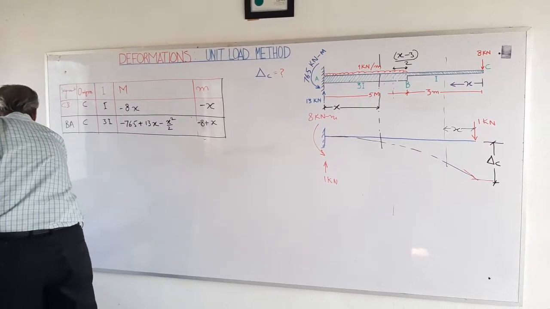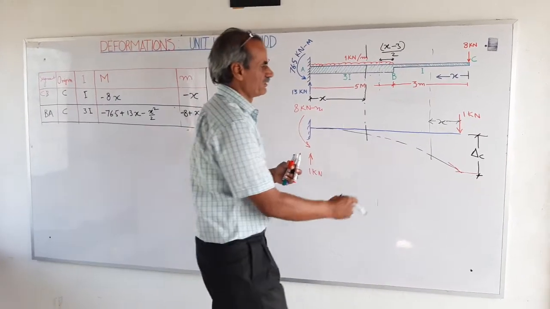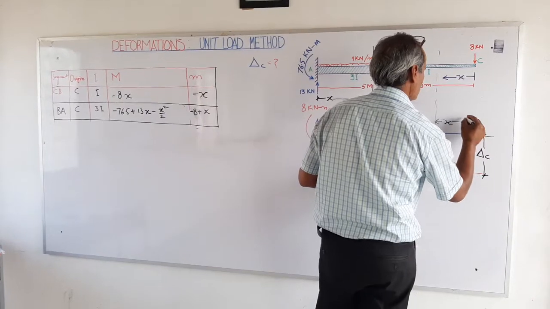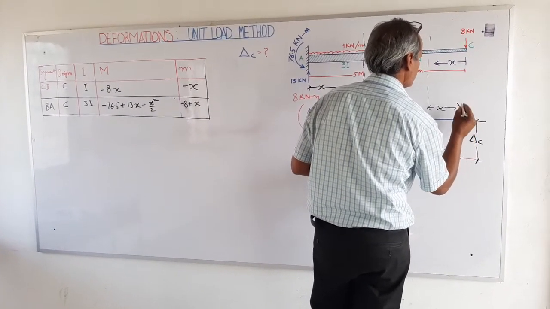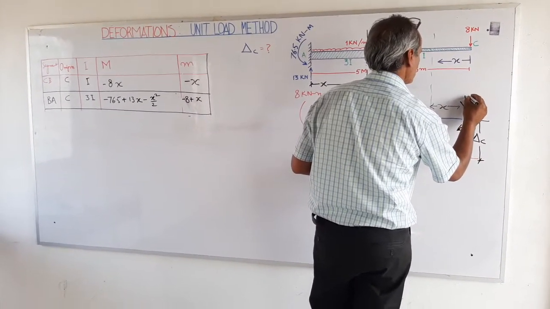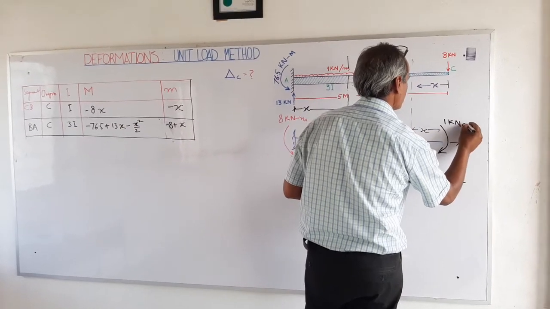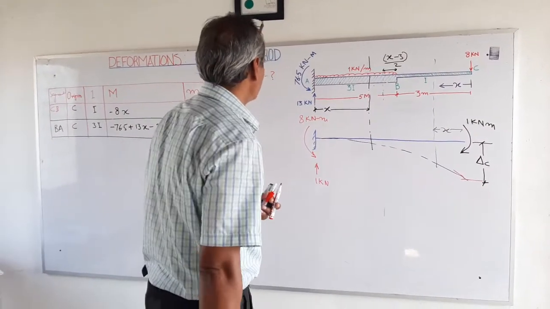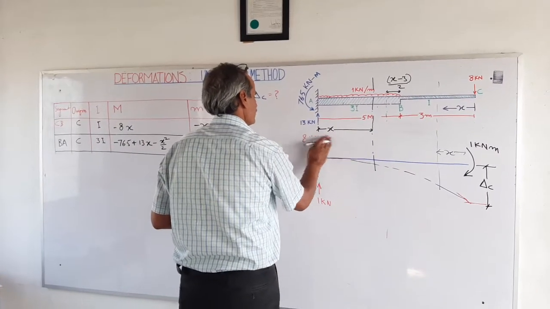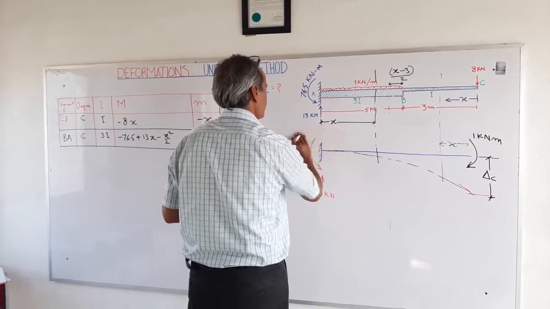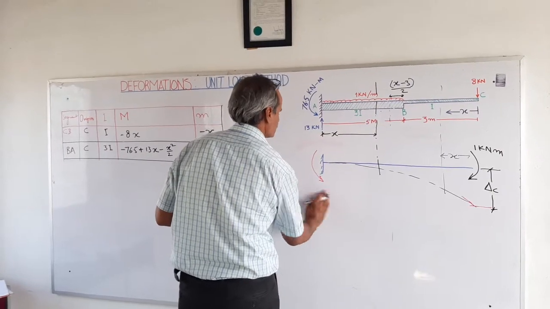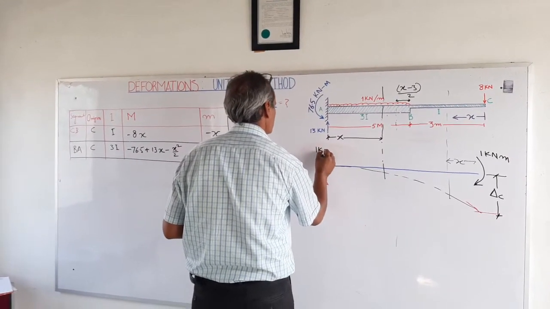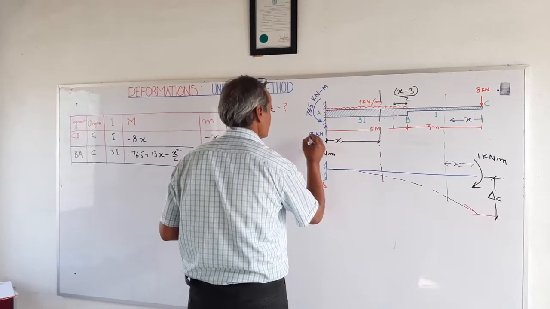Now, if we apply a unit moment over here, 1 kilonewton meter, in order to find out rotation at C, then over here the reaction would be just one reaction, and that would be 1 kilonewton meter.